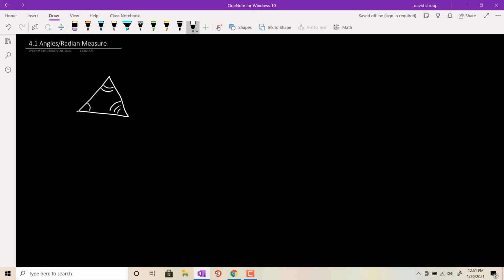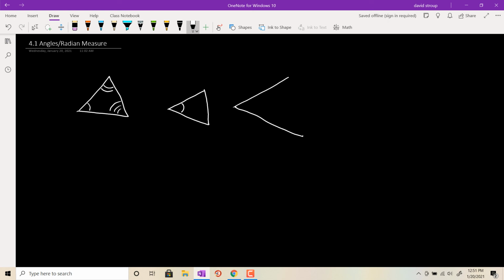There are different types of angles, different size angles, and the angle size doesn't have anything to do with the length of the actual sides here. So the angle we worry about is right here, and that angle is no different than this same angle, but with longer sides, right?